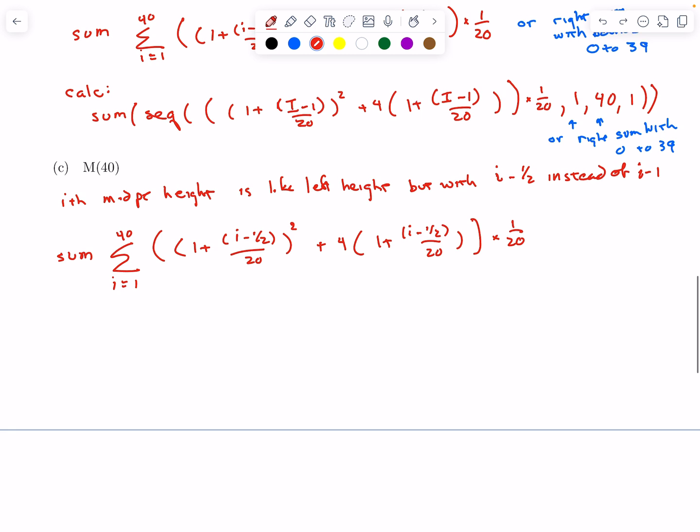Okay, and then calc. This is a truly stupid number of parentheses.